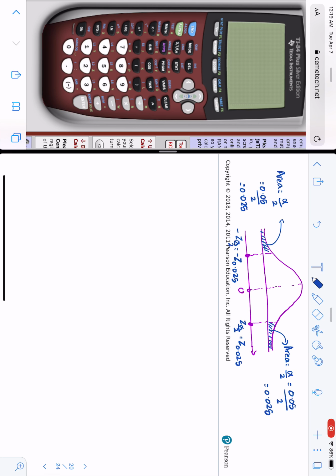So how do we find the critical values? We make use of inverse norm. We can either pick the one on the left hand side or one on the right hand side. But keep in mind, inverse norm requires the area below, and the area below that point here under the density curve is 0.025.